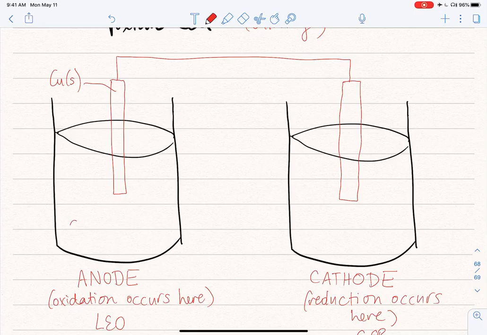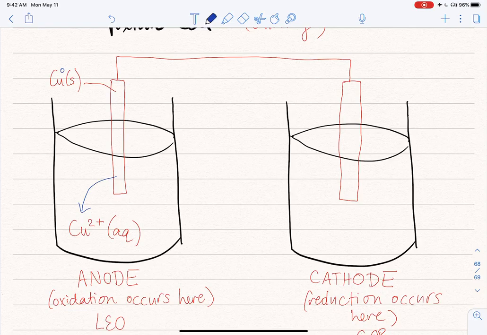And the solution is going to be the copper 2 plus that is coming out as the electrode is dissolving, because the copper 0 is getting oxidized to copper 2 plus over the course of the reaction that we just talked about.